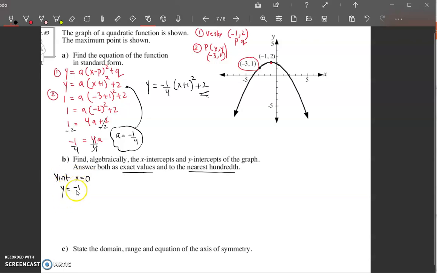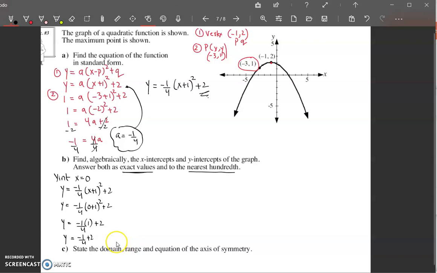So in my equation here that we found in part A, I'm going to put x equal to 0. Which means y is equal to negative 1/4. 1 squared just gives you 1, so that is really just gone. That leaves you with just negative 1/4, or you can show it in here, 1 plus 2. So this is y equals negative 1/4 plus 2.